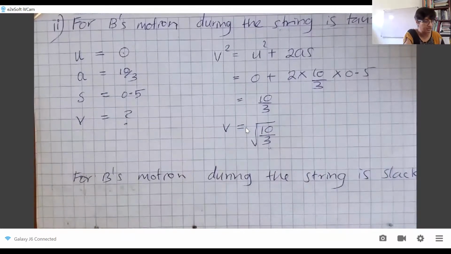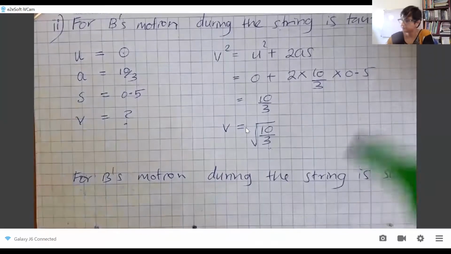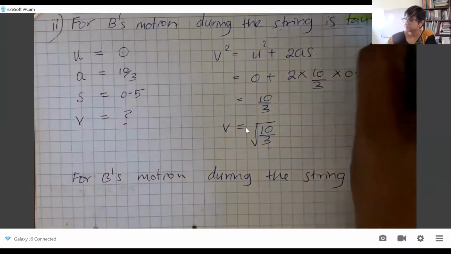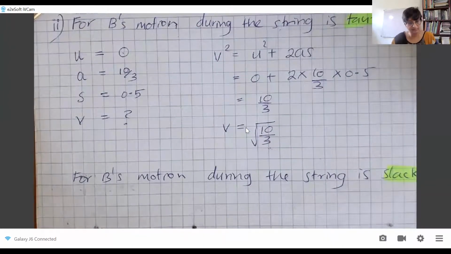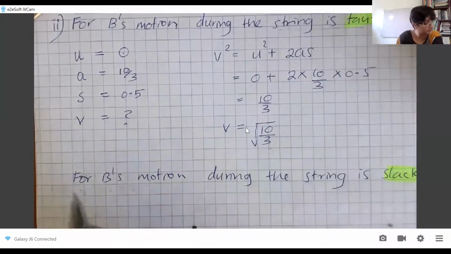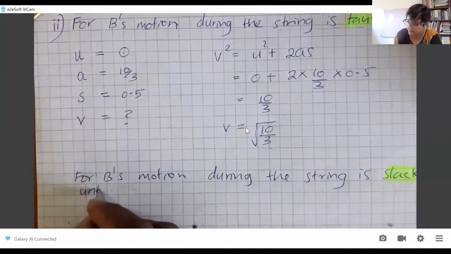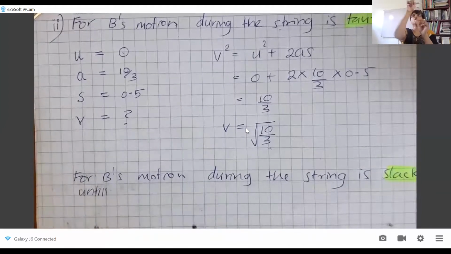Let me highlight that. It's important. Slack, not all the way it is slack. Until it reaches the highest point. That's all I need. I'm not going to consider the whole motion coming down, I just need until it goes up.